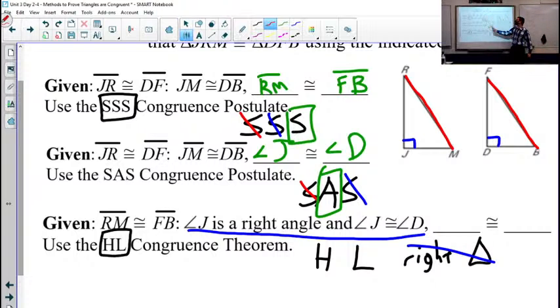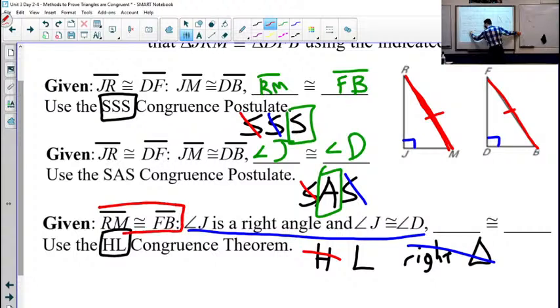Then if I look at the right angle, the side I was told is the side that's across from that right angle. So this longer side that's across from the right angle, that side is called the hypotenuse. So this is telling me the hypotenuse.